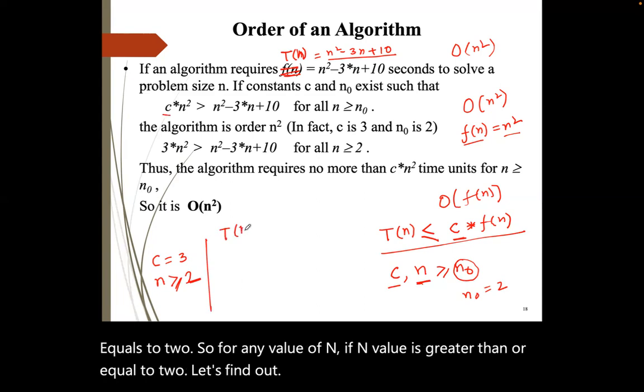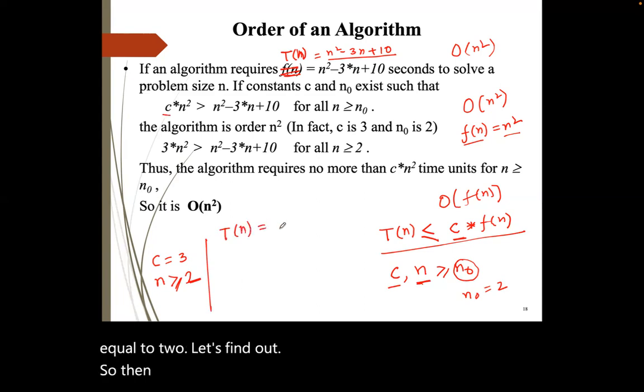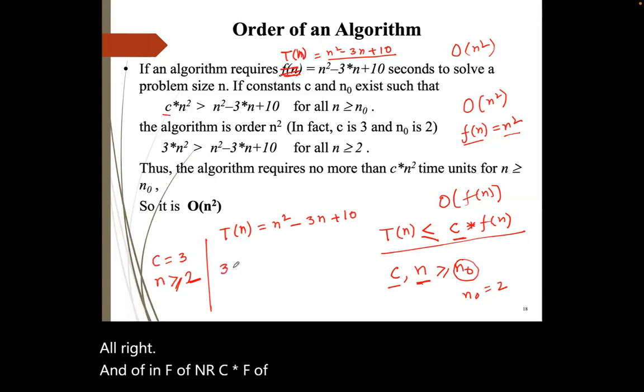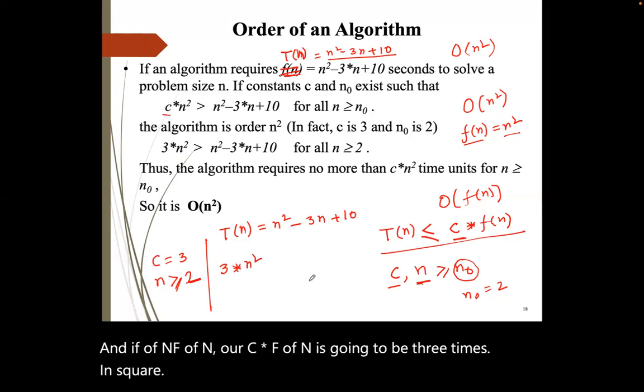Then T of n is n square minus 3n plus 10, and c times f of n is going to be 3 times n square.